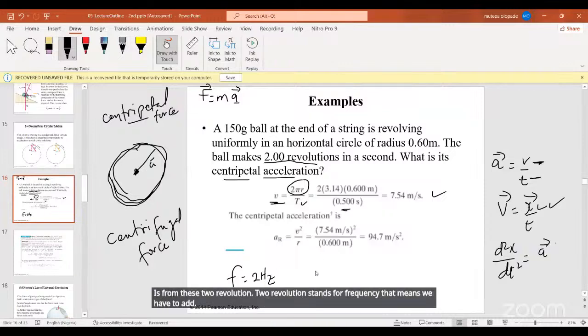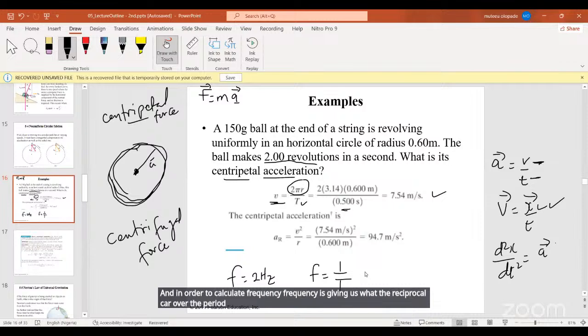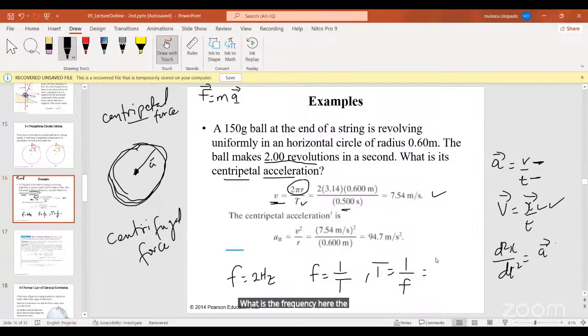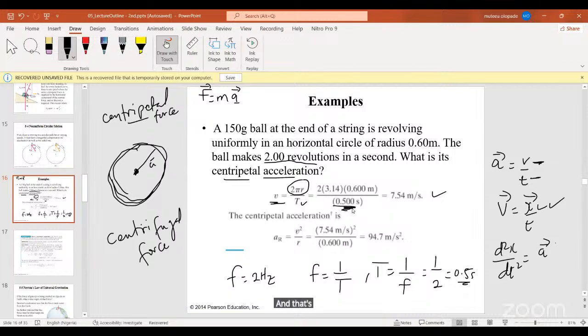Frequency is the reciprocal of the period, so the period will always be the reciprocal of frequency. The frequency here is 2, and that is the reason why we have 1 divided by 2, which gives us 0.5 seconds. That's why we have 0.5 here as the period.